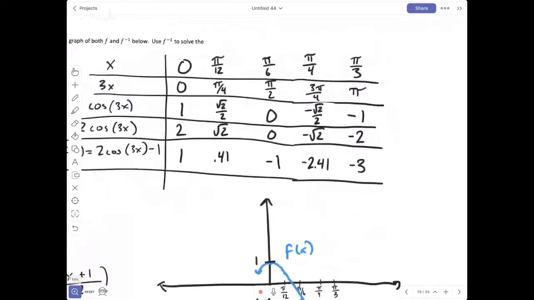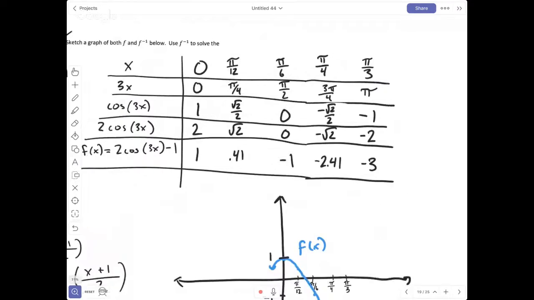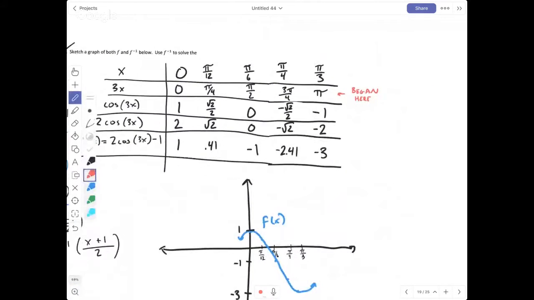So let me zoom in on the table. I began here in the table, and I used the values 0 to pi because that's the domain upon which cosine is invertible.